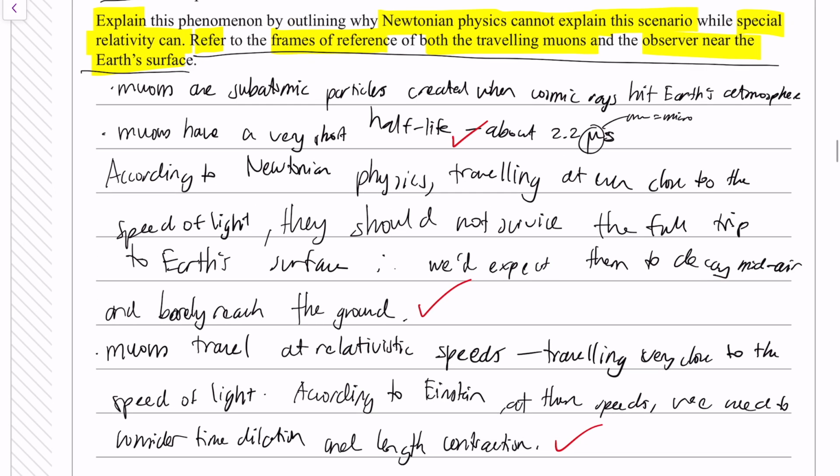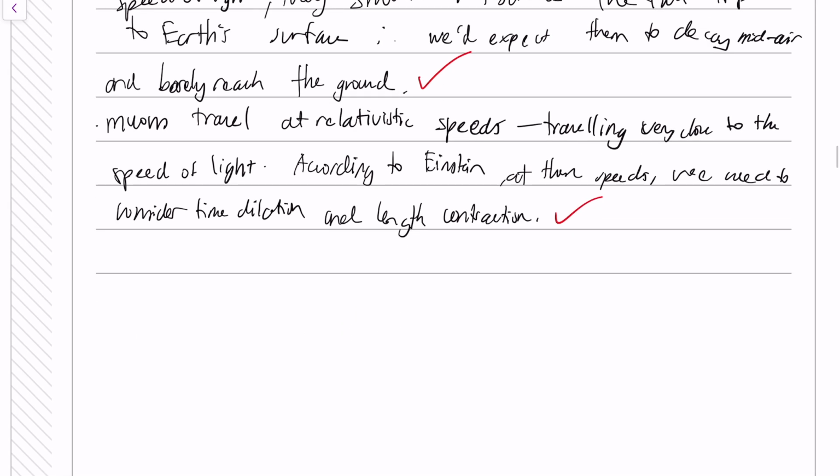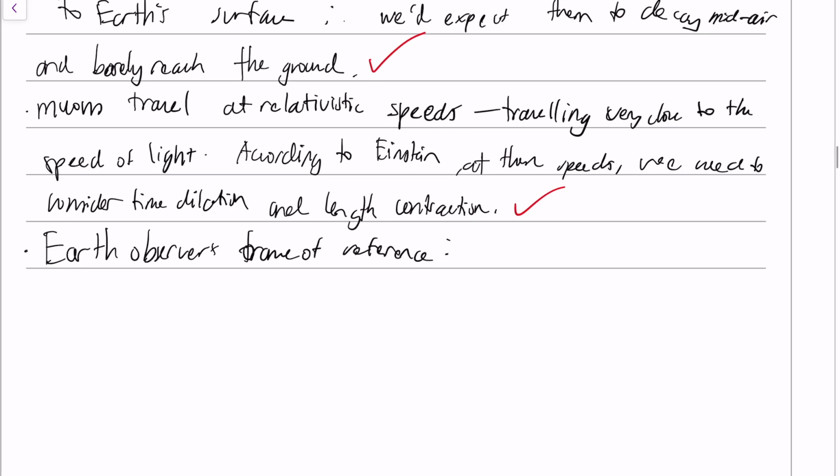Okay, so let's do the Earth observer's frame of reference. Okay, I don't think it really matters what order you do it in. As long as you have the information there, you still get the marks.